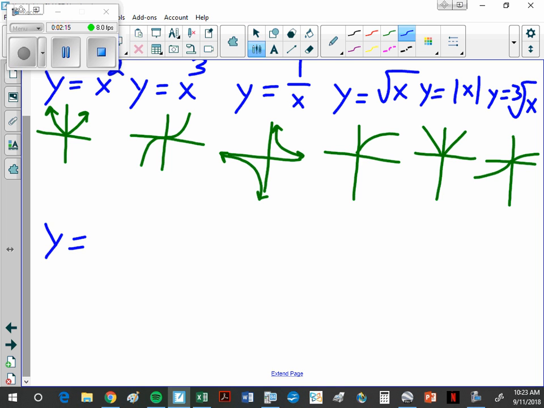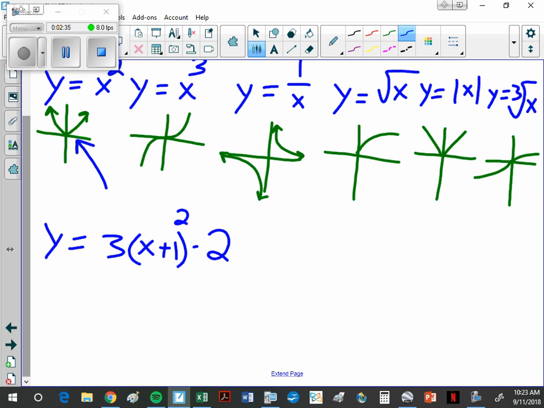Y equals 3 times x plus 1 squared minus 2. So I know that I'm going to be using this graph, and I have to do the transformations from the inside out.